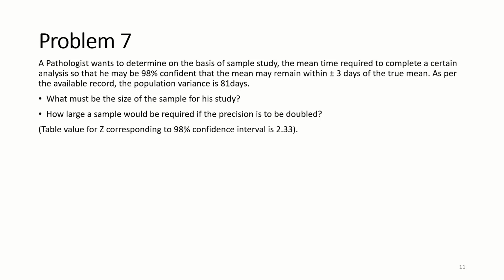So what we get is, here it is written that x minus nu is plus minus 3, it is given here, and z is also given, 2.33. Variance is given, so sigma we can calculate by root of the variance, which is 9.